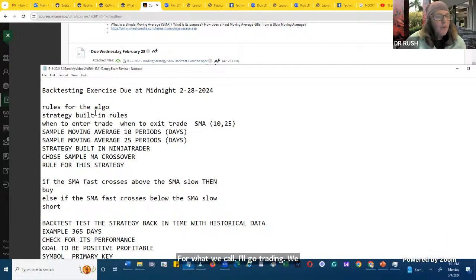We have rules for what we call algo trading. And the strategy we're using has built-in rules. Basically it tells us when we're going to enter a trade and when we're going to exit a trade, and we're using the sample that's built into this NinjaTrader platform. The SMA is the simple moving average of 10 25.